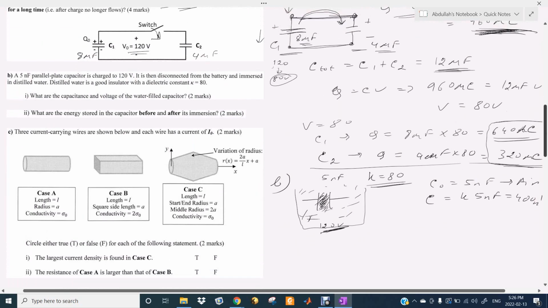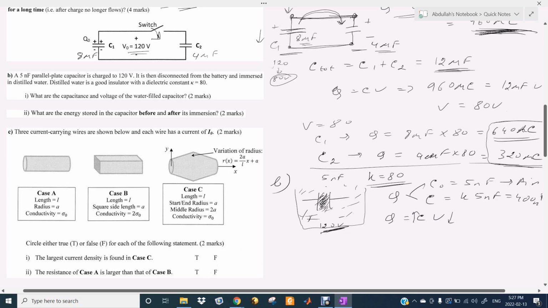Since the capacitance increased and the total amount of charge is the same, because the charges are not changing, your Q is the same for both cases. But the C increases, therefore the V has to decrease.